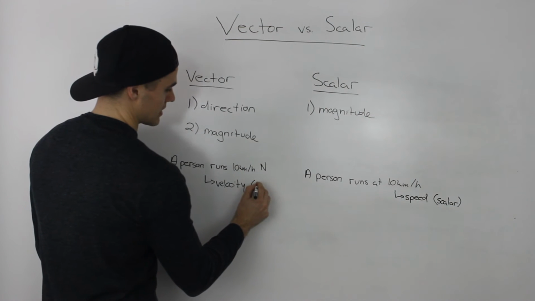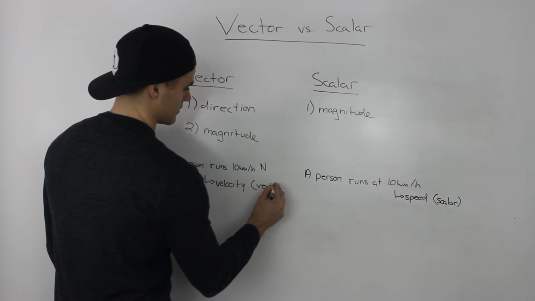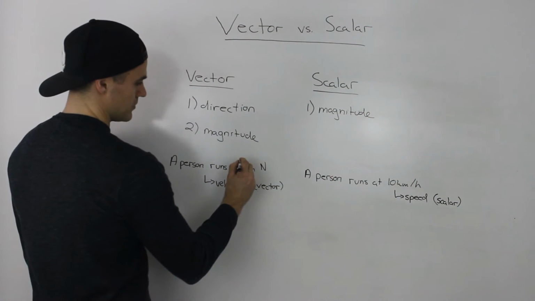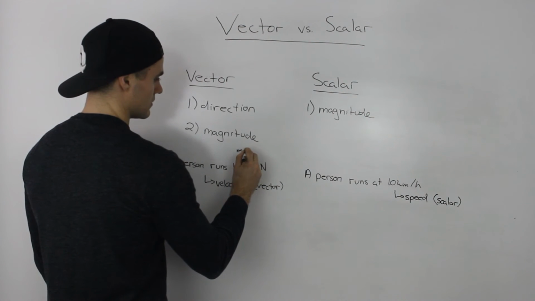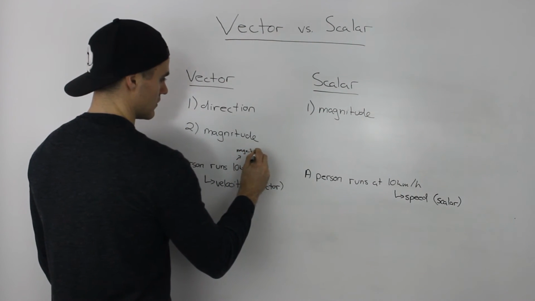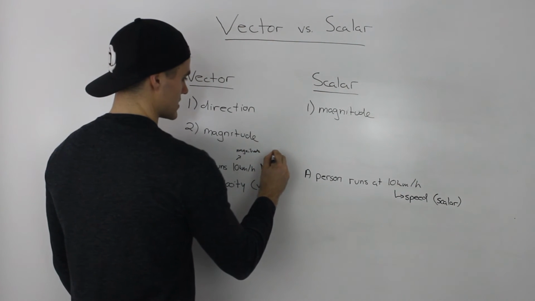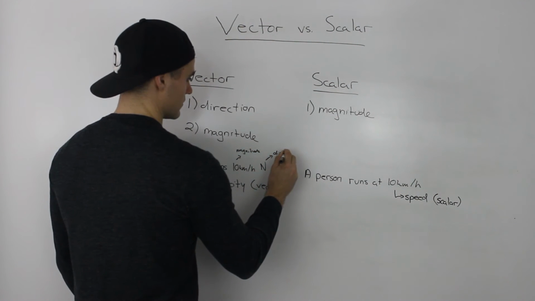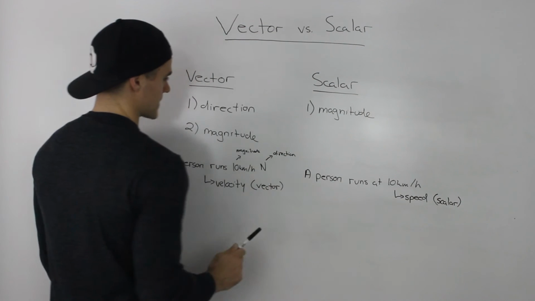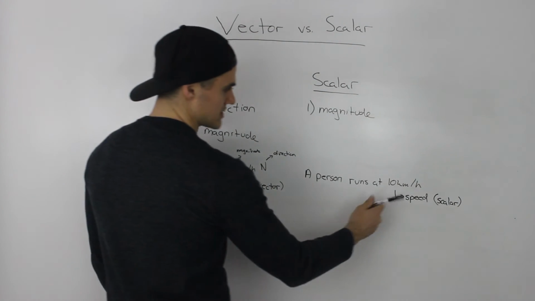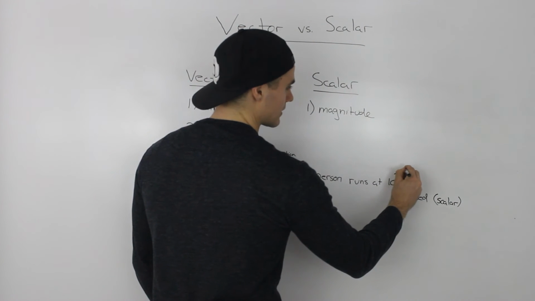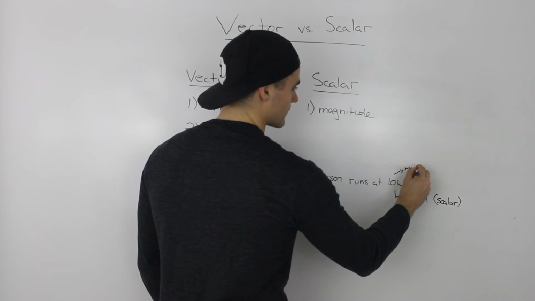And velocity is a vector. Right? Because it's 10 kilometers per hour, notice how this is a magnitude and this is a direction. It contains both a magnitude and a direction. While this scenario here only contained the magnitude, there was no direction.